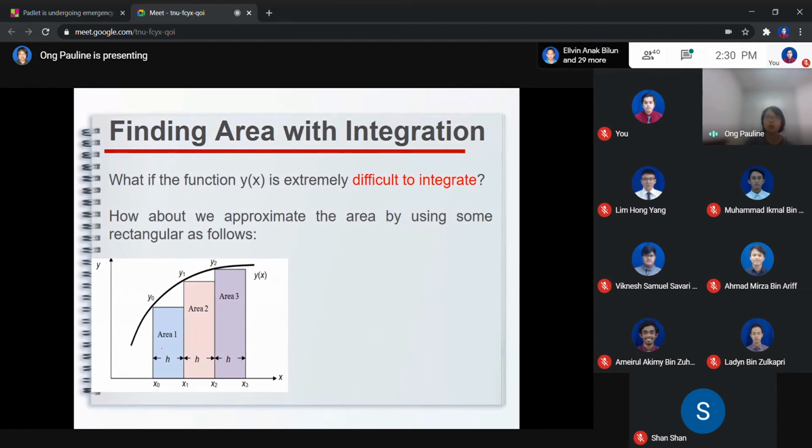You need to note that the rectangles have the same width, which we name as h. In this case, we make use of 3 rectangles, and the starting point we name as S0.